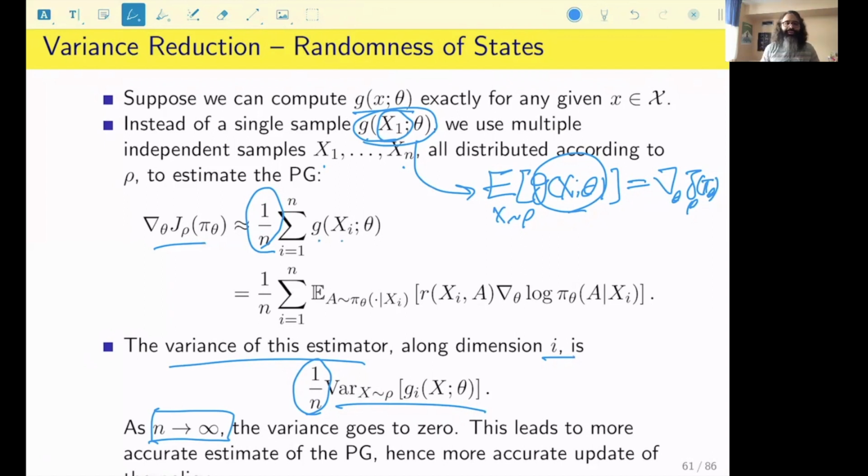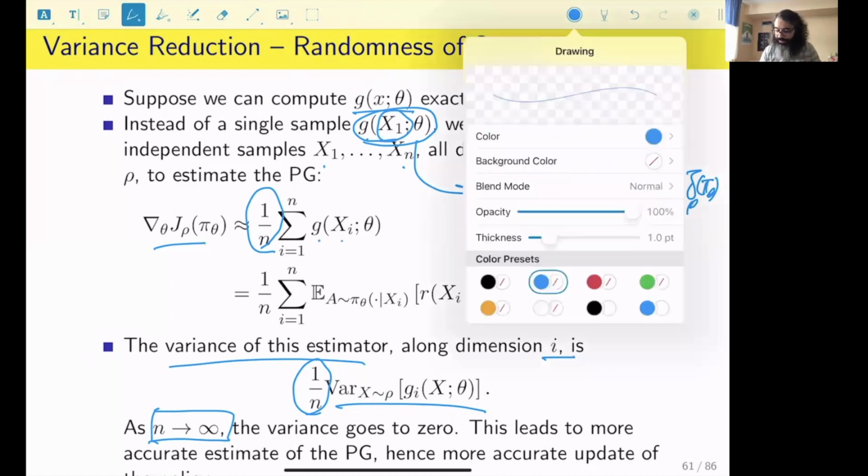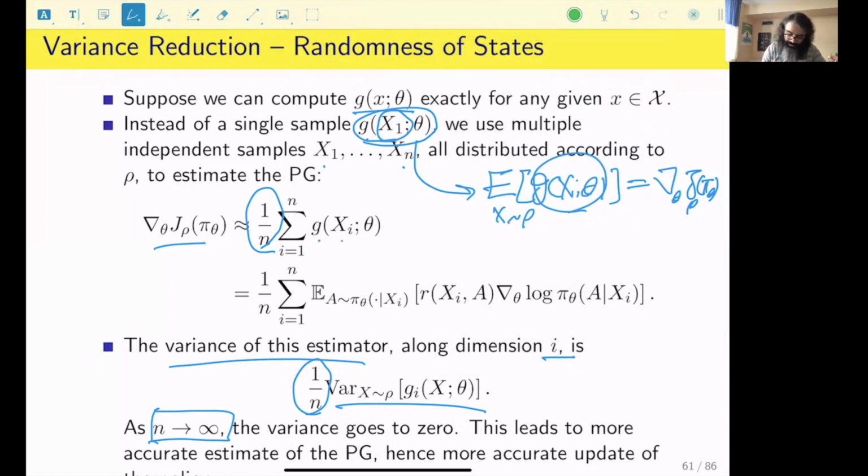Now suppose that you have a budget of, say, capital N interactions with the environment, like episodes, or maybe I use T, for example. If I use n of them to estimate the policy gradient of the current policy, the number of gradient updates that I may have would be reduced.